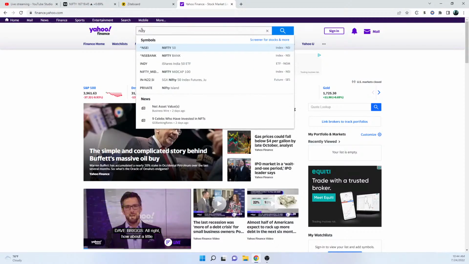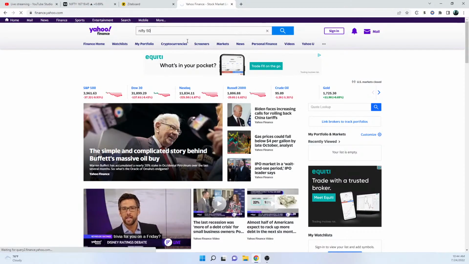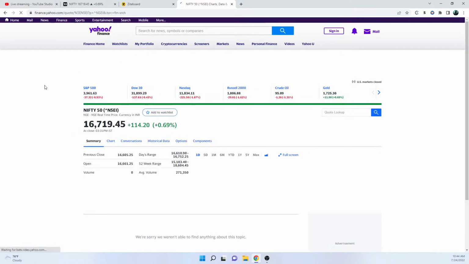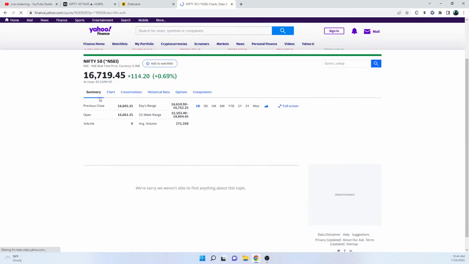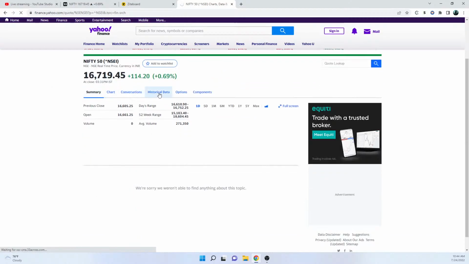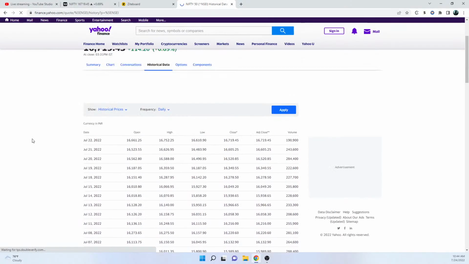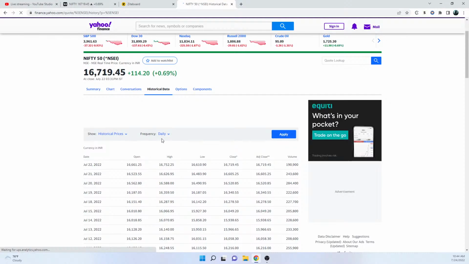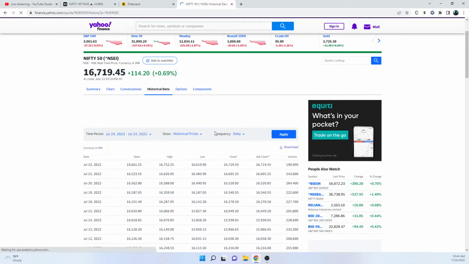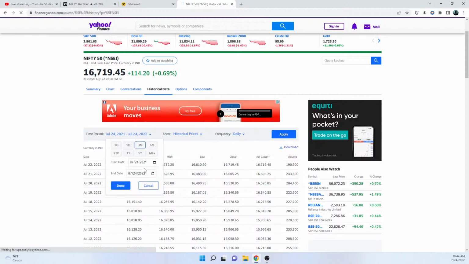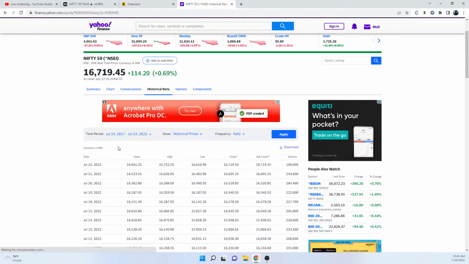We'll search for Nifty 50 and we have this tab of historical data. We can also specify the time period for which we want the data. Okay. So I'll just specify 5 years and the date has changed to 24th of July 2017 till 24th of July 2022.